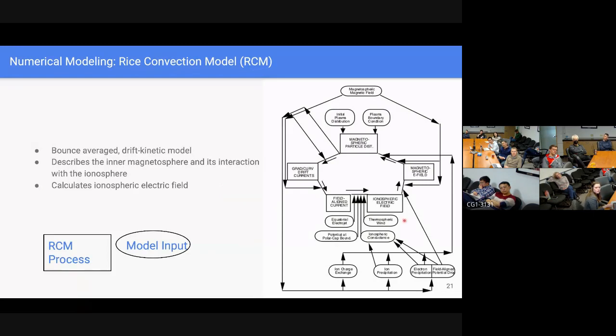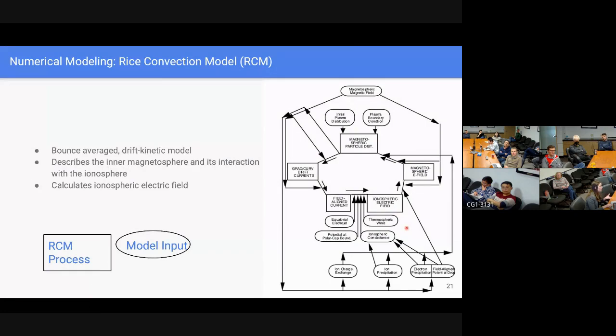It's a bounce-averaged drift kinetic model describing the inner magnetosphere and its interaction with the ionosphere. This is the schematic showing the way RCM works. RCM is iteratively solving the Vasyliunas equation. It starts with an initial plasma distribution and boundary condition, using that to get the magnetospheric particle distribution. From that, it can calculate the gradient and drift currents, and then the field-aligned currents. And then with a bunch of ionospheric inputs, it can calculate the ionospheric electric field.